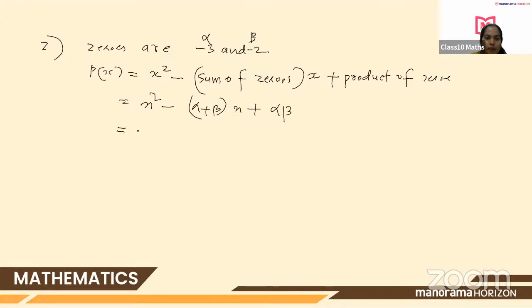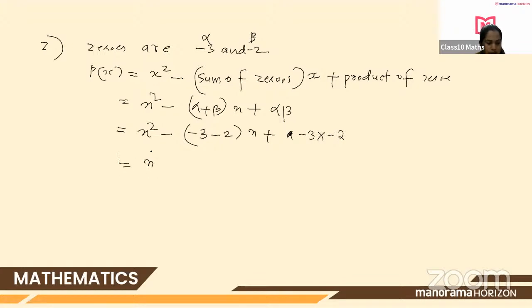Okay, so x square minus minus 3 plus minus 2 into x plus alpha beta. What is alpha beta here? Minus 3 into minus 2.